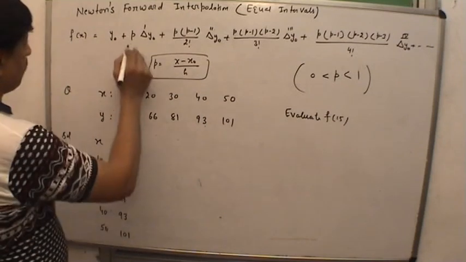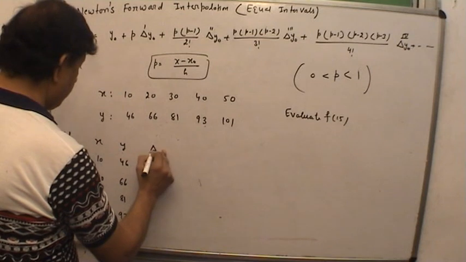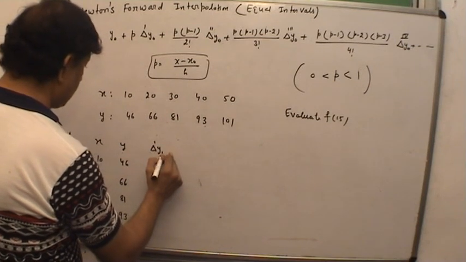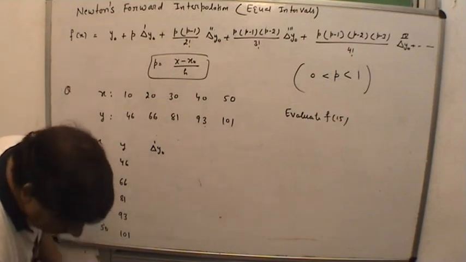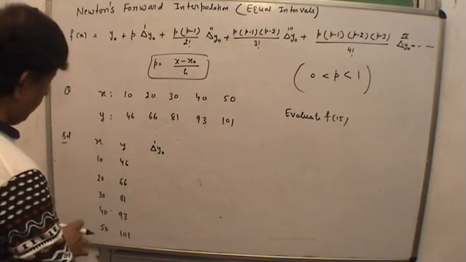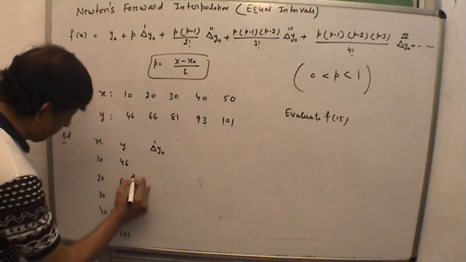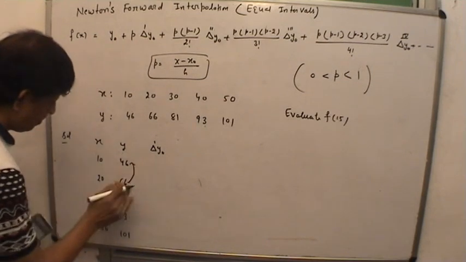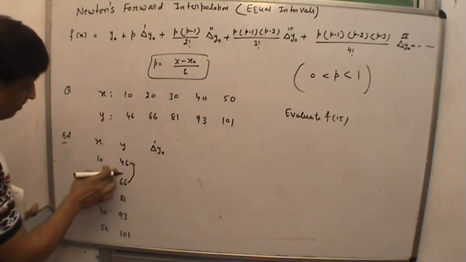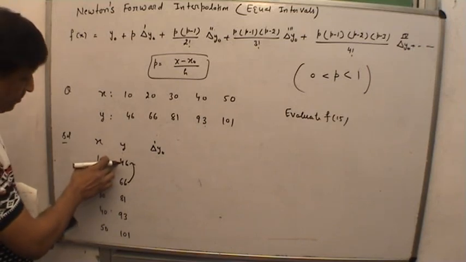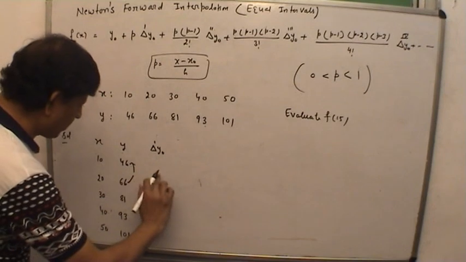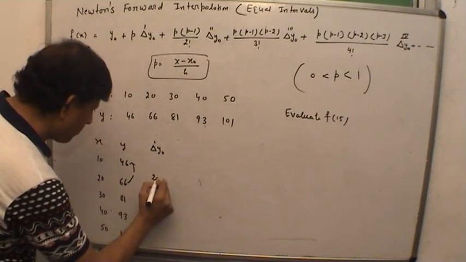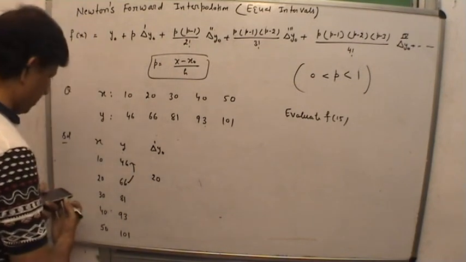First of all, we find delta 1 y0, or delta y. What does it mean? In y, we subtract the consecutive values, the preceding from the following. That is 66 minus 46, and we write in front of it, that is equal to 20.